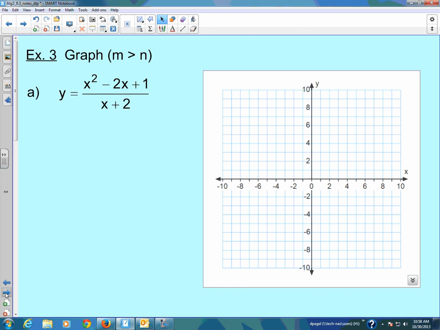This is where the degree of your numerator is bigger than the degree of your denominator. So you have an m greater than n, and this leads to what we call an oblique or a slant asymptote.